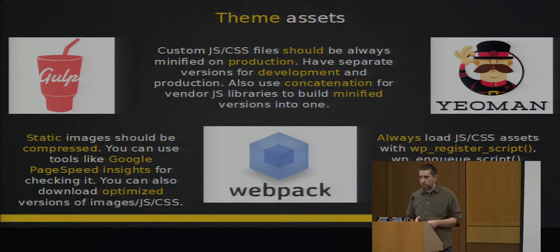But it's a good tool for getting minified versions of assets if you don't use bundling, for example. Custom JavaScript and CSS files should always be minified in production, and we always have separate versions for development and production, using concatenation, minified versions, etc.